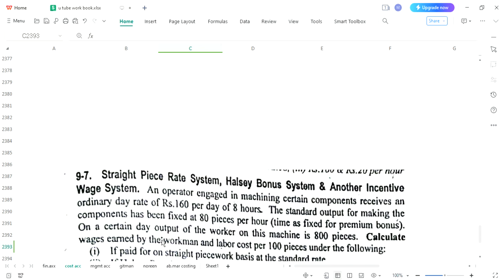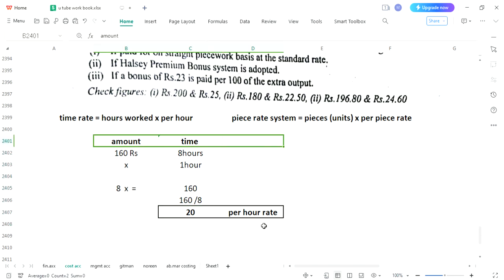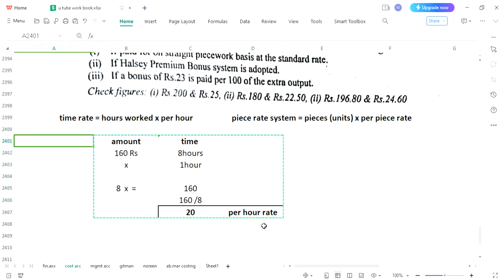On a certain day the output of the worker on this machine is 800 pieces. The second thing we can use is pieces and hour, and the same we have used over here as well. As we don't have the space, we can take this whole thing to the left side so that we have a little more space.